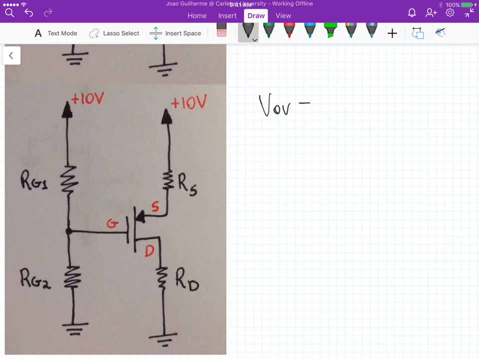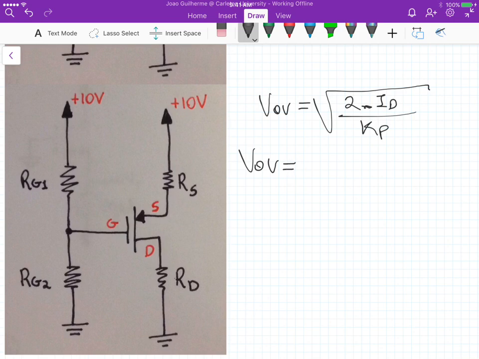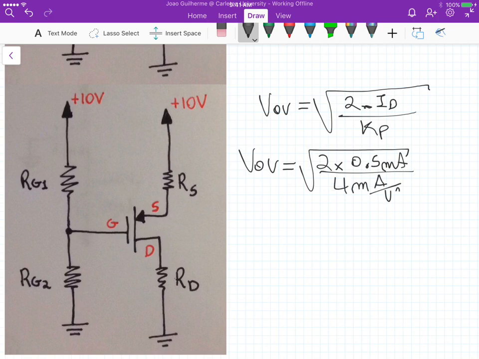V overdrive is the square root of 2 times ID divided by the device transconductance. This gives us an overdrive voltage of the square root of 2 times 0.5 milliamps divided by 4 milliamps per square volt. This gives us a V overdrive of 0.5 volts.